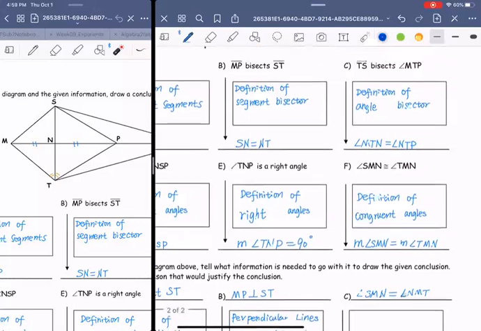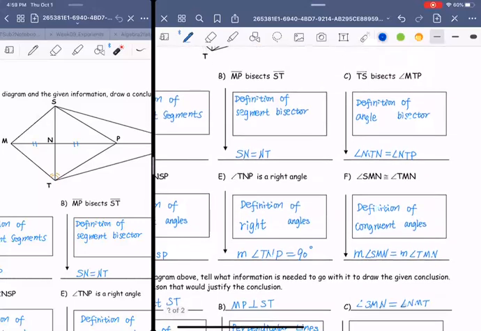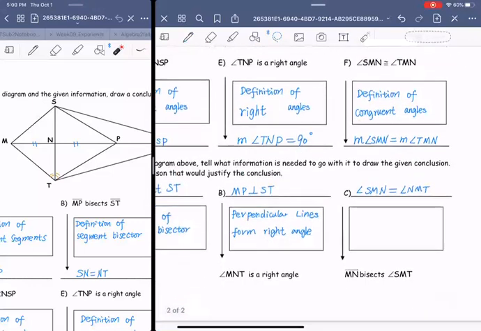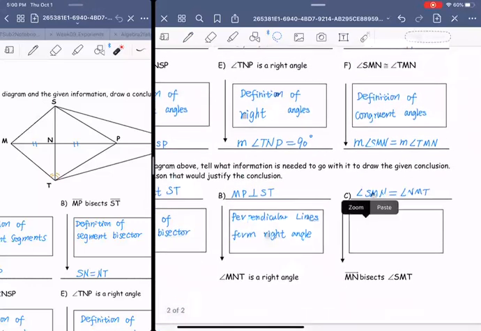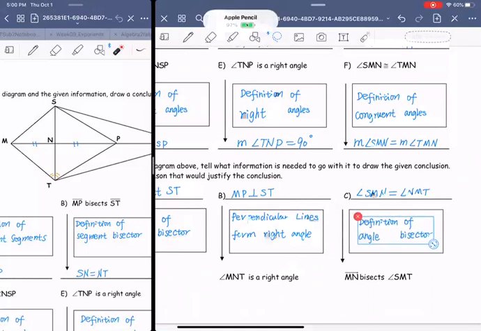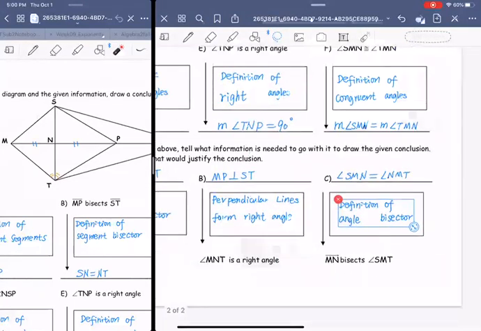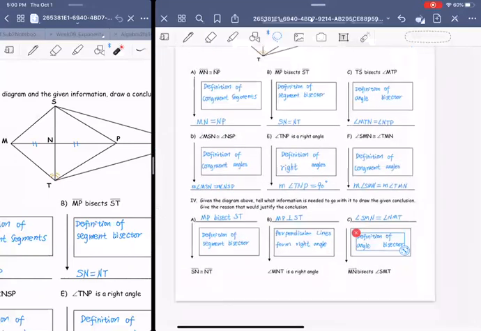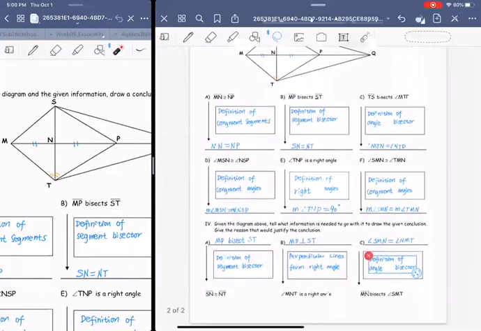You want to fill in. I have this copy too. You don't have it, so you have to write it down. Make sense? Yes. Just one page?